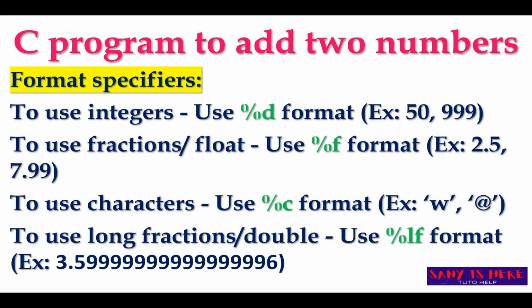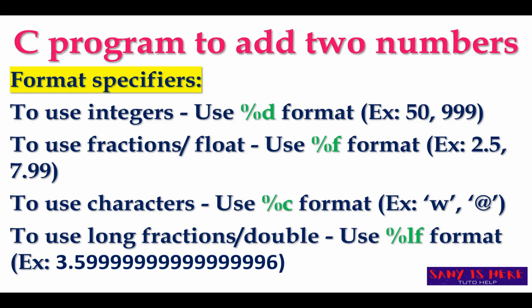Got it? For example, if you want to store the value 50 in one of the variables, then in C programming code you must specify the format as %d, whenever you want to store the data 50 from the keyboard, by typing in the keyboard.